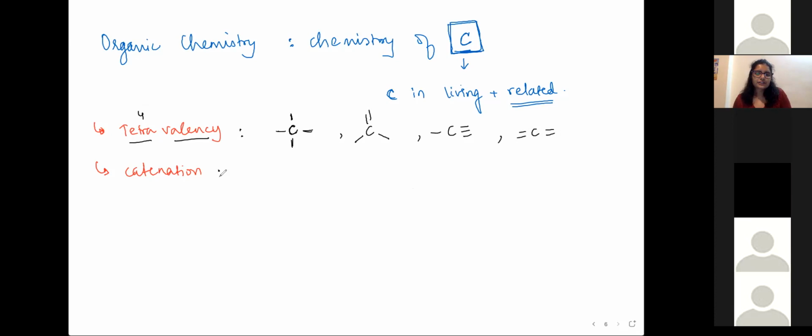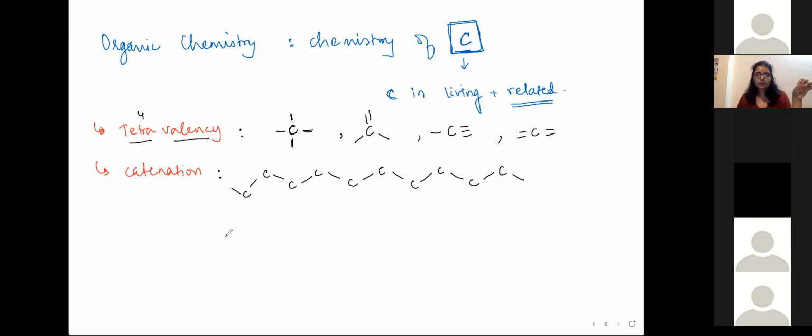Next is catenation. What do you mean by catenation? Carbon's ability to form rings and chains of compounds. Correct. Carbon is capable of forming long, self-linked chains, consisting of carbon alone. This property is called catenation. Because of catenation, plastics are possible.